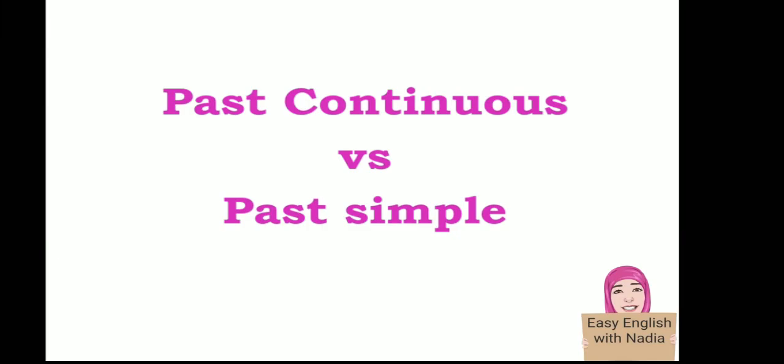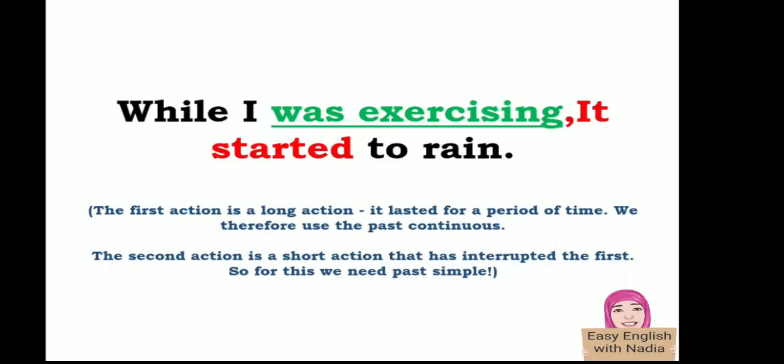Look at the following examples and see how these two tenses are different. While I was exercising, it started to rain. In this sentence, we have two actions. The first action is a long action.